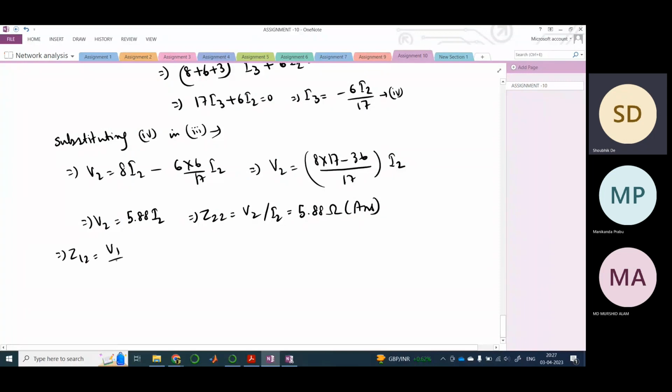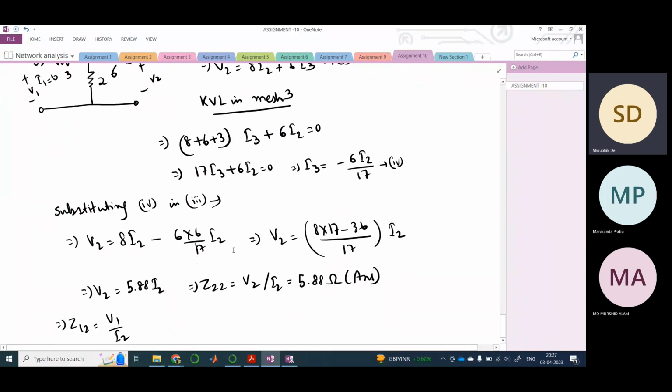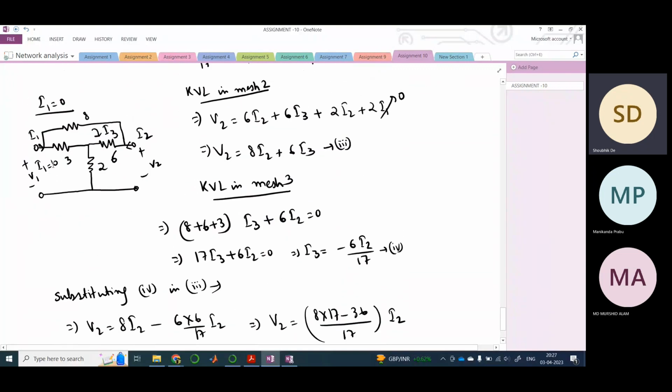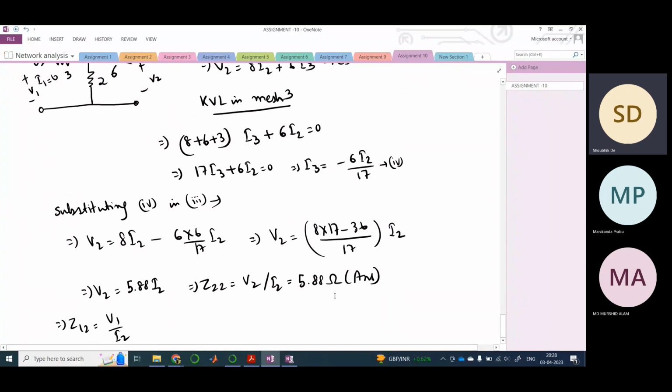And now finally, what is Z12? It is V1 by I2. Now we need to apply KVL here in the first mesh. So V1 equals 3I1 minus 3I3 plus, so you just write it.